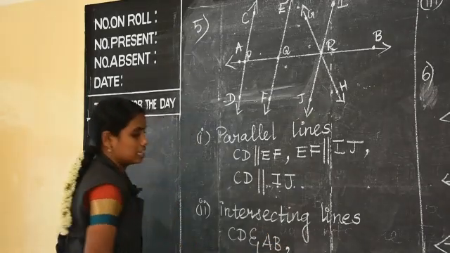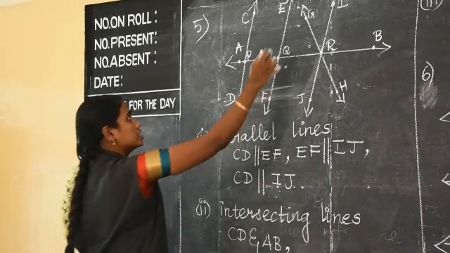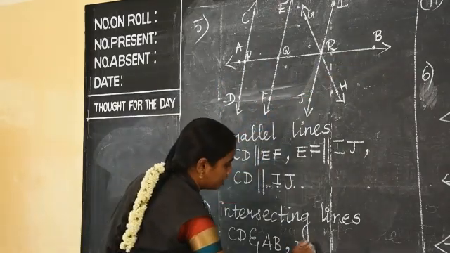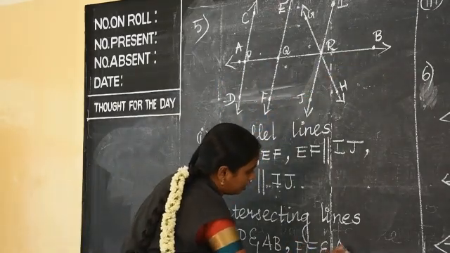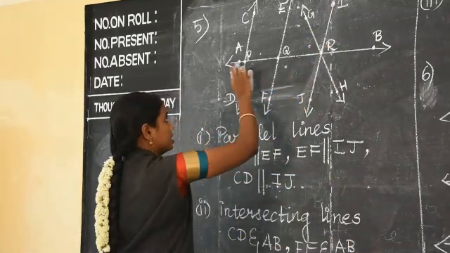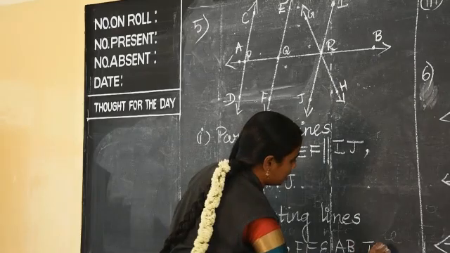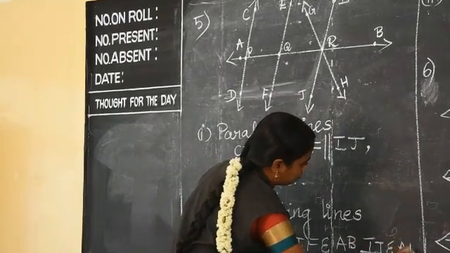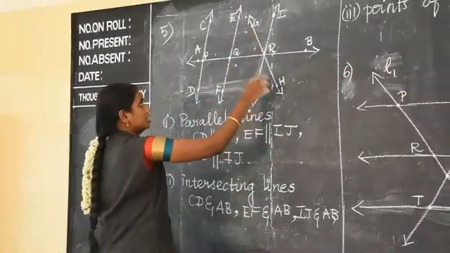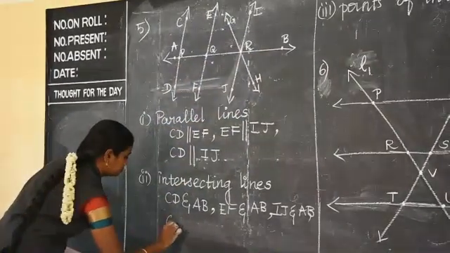First, CD and AB. Next, EF intersected by AB, EF and AB. Next, IJ intersected by AB. Next, GH intersected by AB.